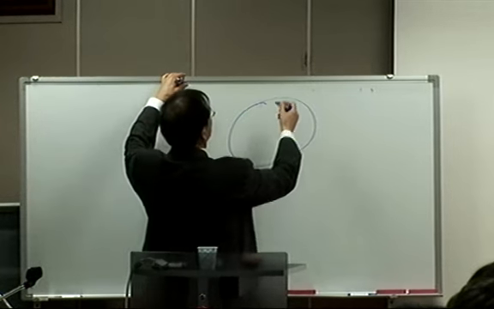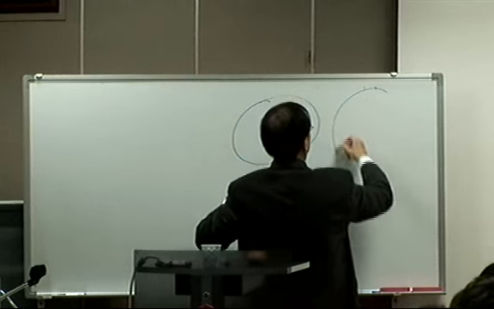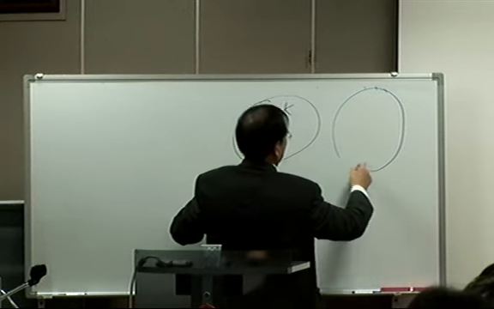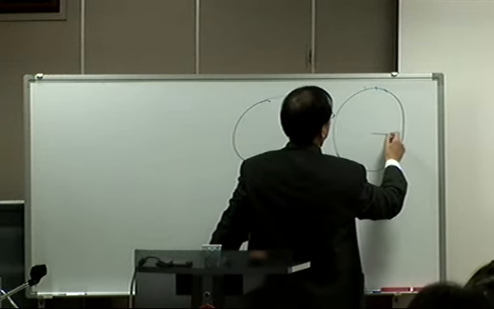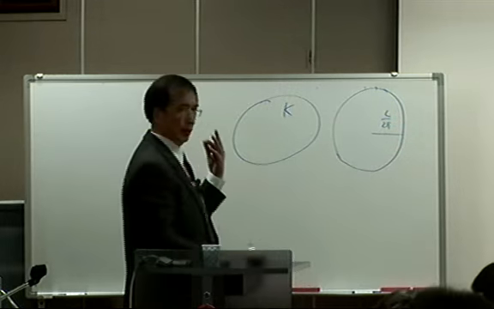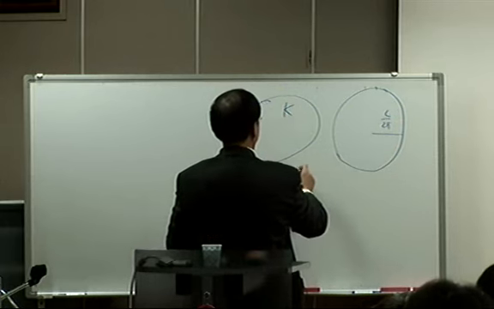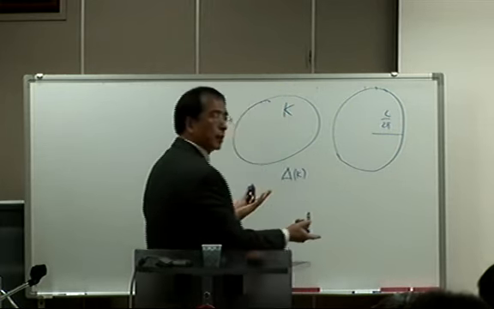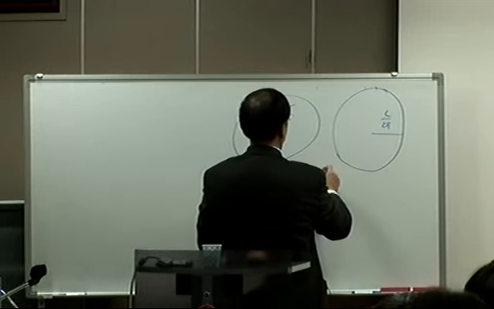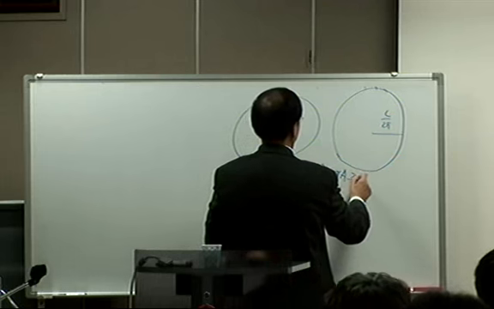This is a K domain, and then a disk. This disk has radius L over 2 pi. Therefore, we have delta K, which equals L squared minus 4 pi A. This is greater than 0.